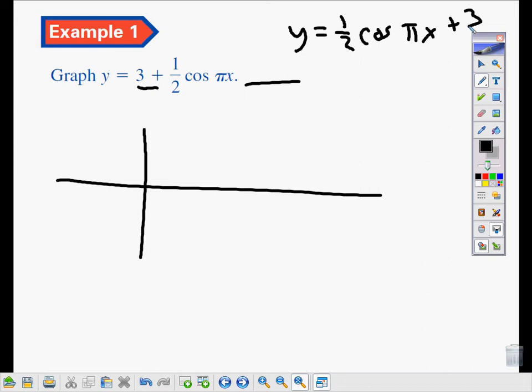So normally my axis is the x-axis right here, but now I'm going to shift it up 3. So 1, 2, 3, and I'm just going to draw a real faint dotted line here. This is the middle of the graph. Cosine will be above it and below it, just like sine goes above and below the middle.